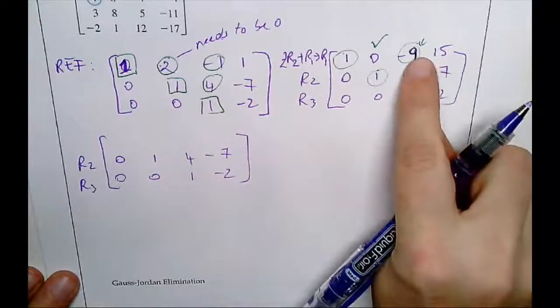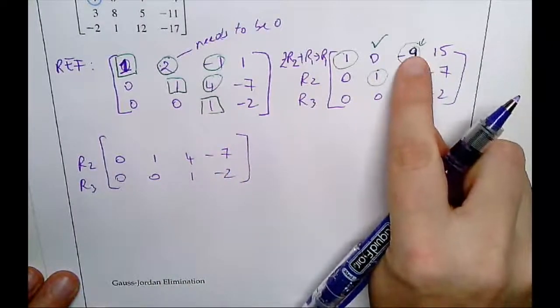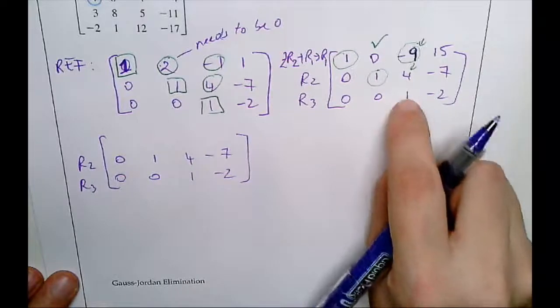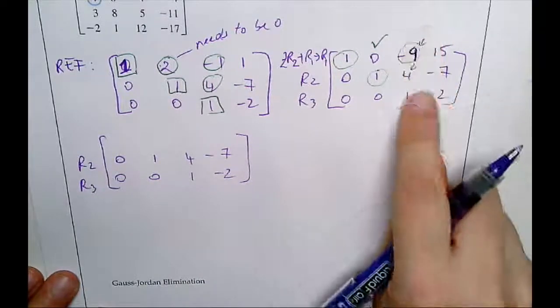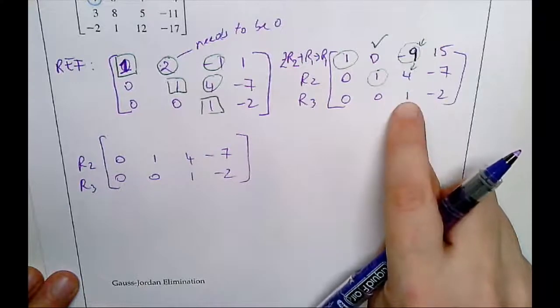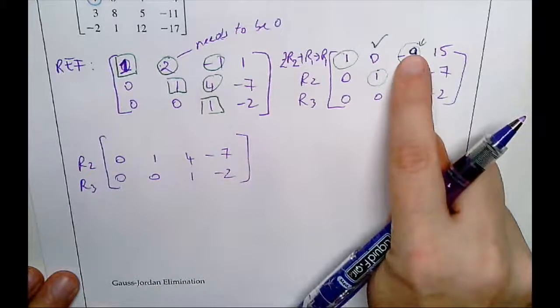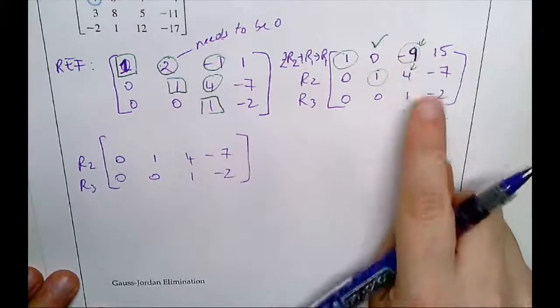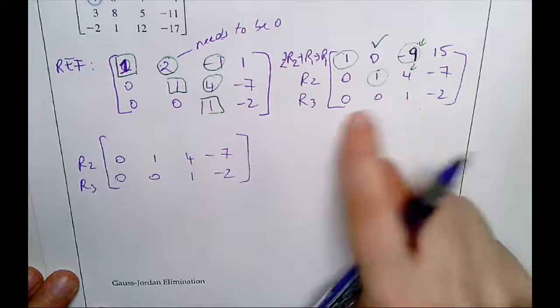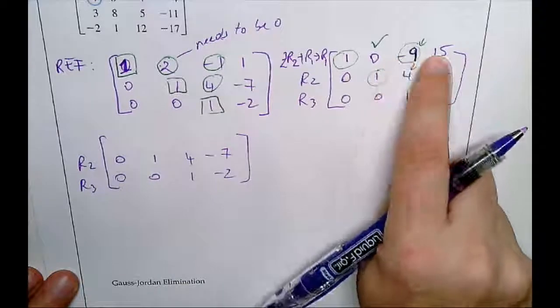I need to make this a 0, so I'm going to look at row 3. I'm using row 3 because I'm making a 0 in column 3. What multiple of row 3 added to row 1 is going to make this a 0? Well, 9 plus negative 9 is a 0. So 9 times row 3 plus row 1.